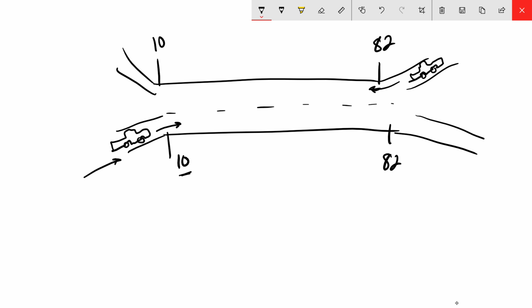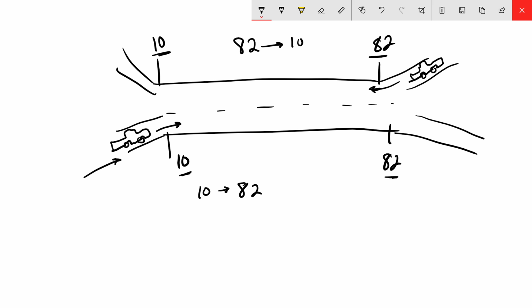He gets off at mile marker 82. So he goes from mile marker 10 up to 82, right? And then this guy over here, he starts at 82 and goes to 10. So he goes from mile marker 82 to mile marker 10.